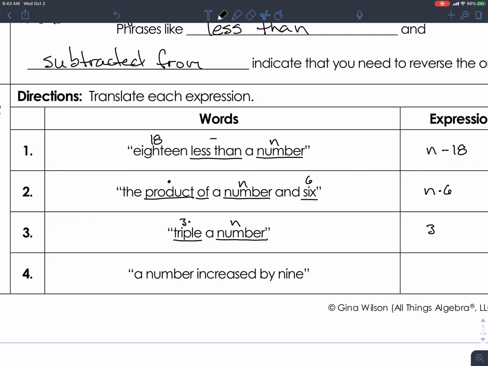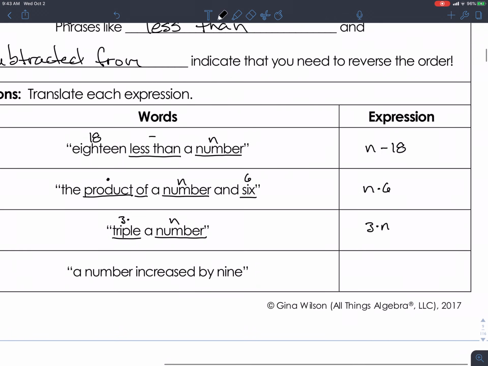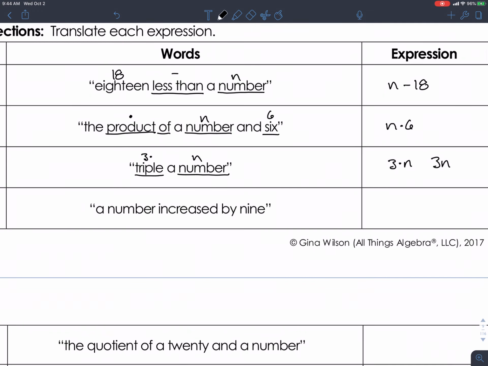You could write it 2 ways, 3 times n, or the way we'll probably be writing it later on, 3n. Whenever you see a number and a variable right next to each other, it always means multiplication.